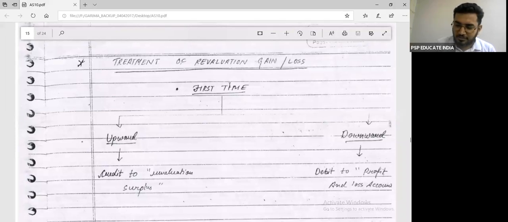Revaluation gain and loss, treatment of revaluation gain or loss, please pay full attention.